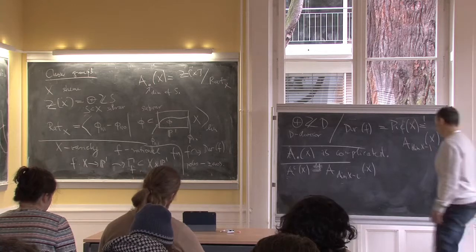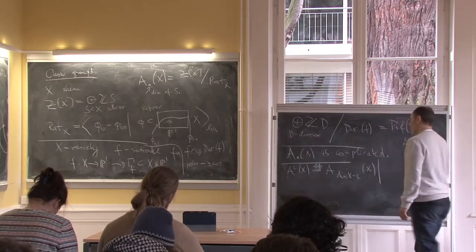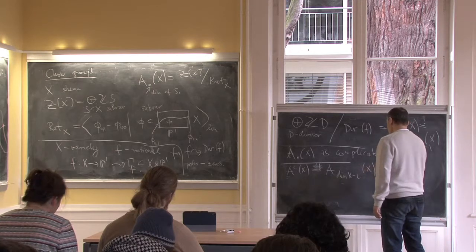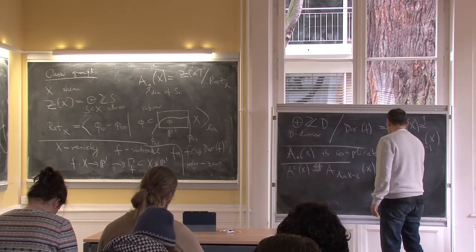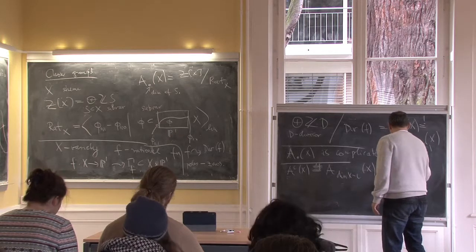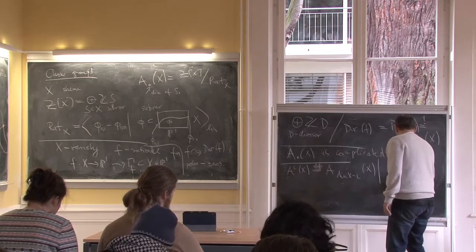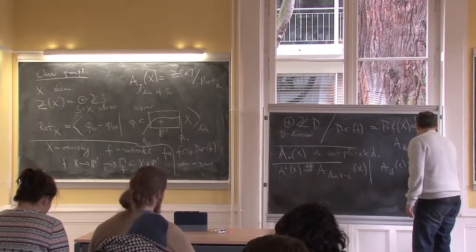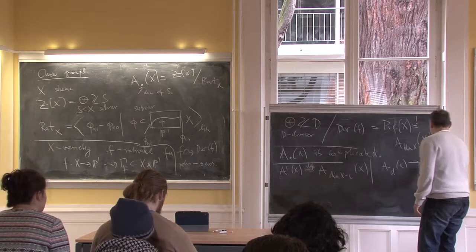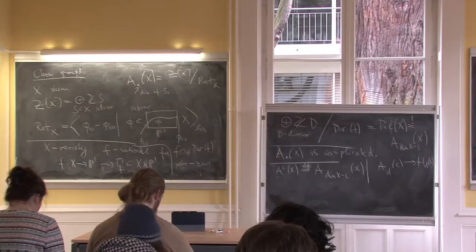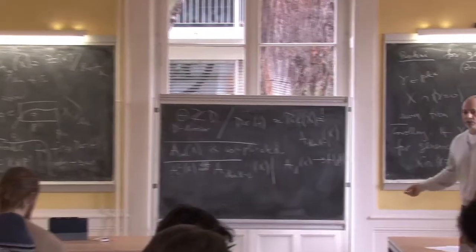And then there are maps from A D of X into the homology of X. I explained last time that the homology of X is relatively simple, at least it's finite dimensional, some kind of calculable thing.